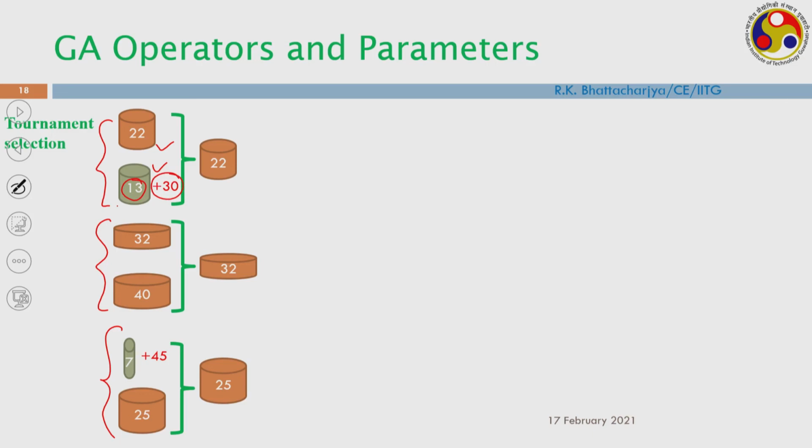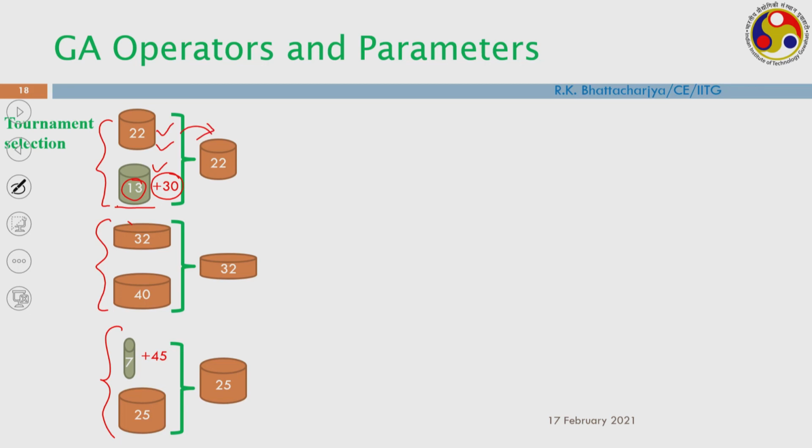So, this is an infeasible solution and I do not want to select it, and therefore I am putting this violation here. Though the cost is 13, the solution is infeasible and that cannot be selected. So, now if they are playing the tournament, 22 is the better solution and 22 will be selected.